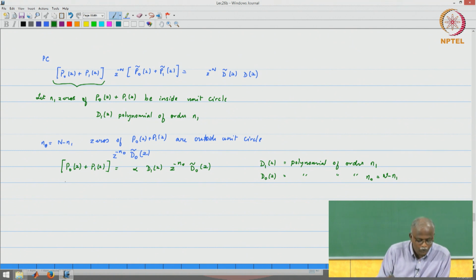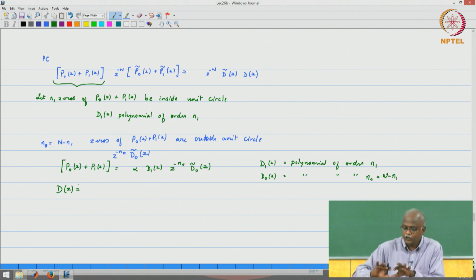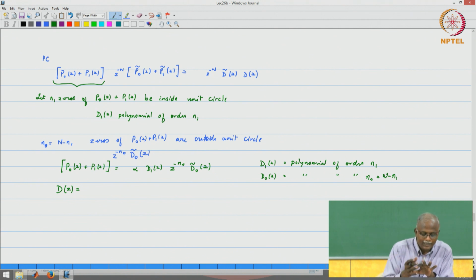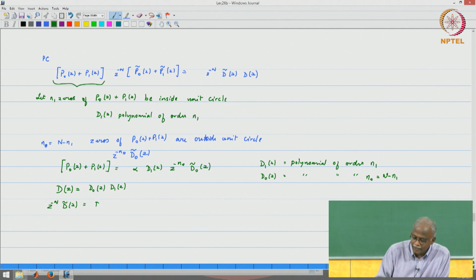Now what we have done is we have said d of z got split into two parts, one of which we called d1, another which we called d naught. So if I visualize d of z as d naught of z times d1 of z, then z power minus n d tilde of z is d naught tilde of z times z power minus n naught, then z power minus n1 times d1 tilde of z.